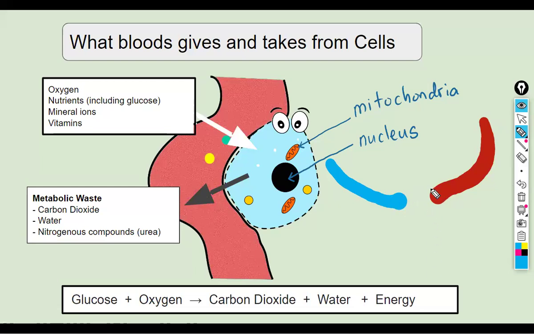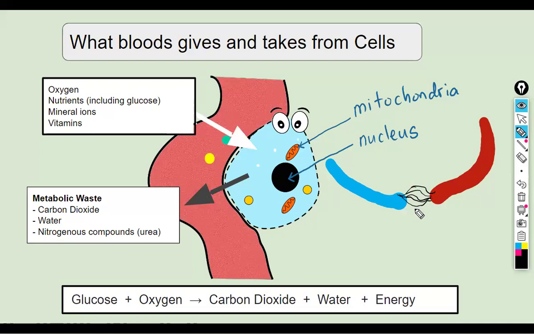These are too large to interact with cells. Remember I said that a few moments ago. Cells are very, very small. Arteries and veins are too large to interact, so your arteries and veins have to split up into smaller pieces called capillaries.